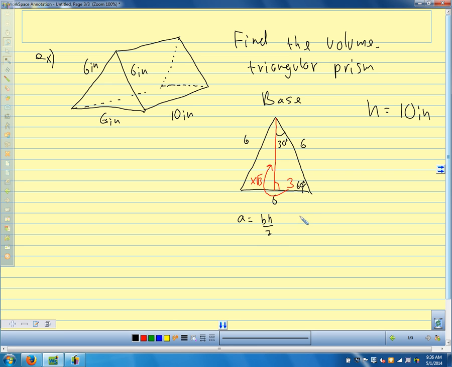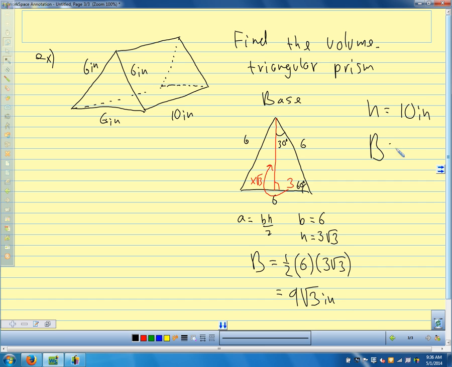So for the triangle, the base equals 6, the height equals 3 times the square root of 3. And the area of the base is 1/2 the base, 6, times 3 square root 3. Half of 6 is 3, times 3 is 9 square root 3 square inches.